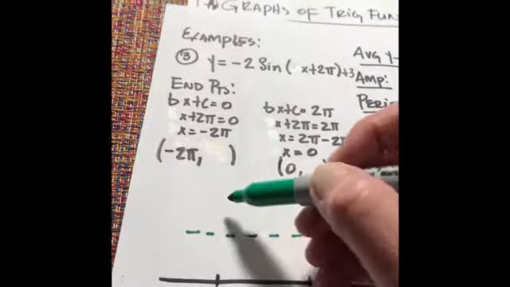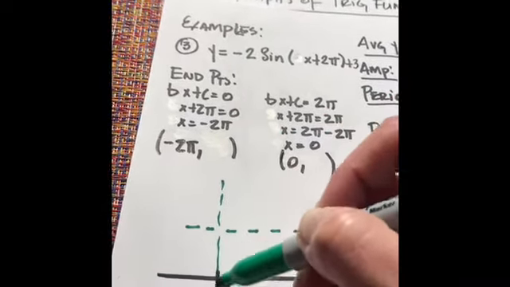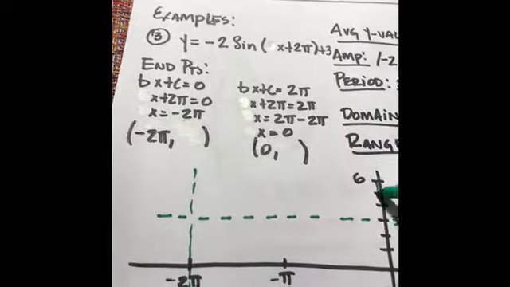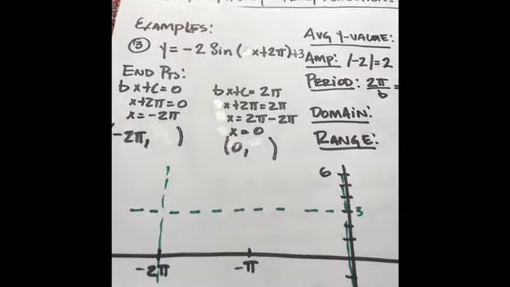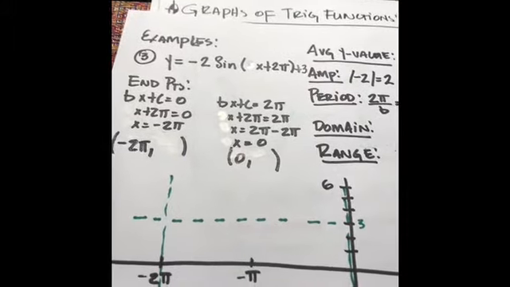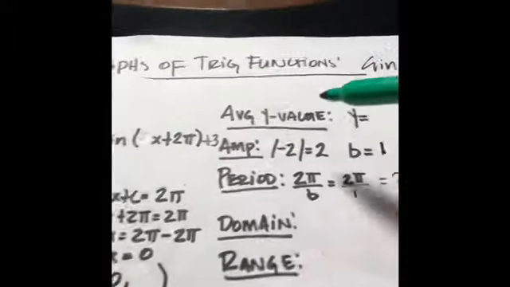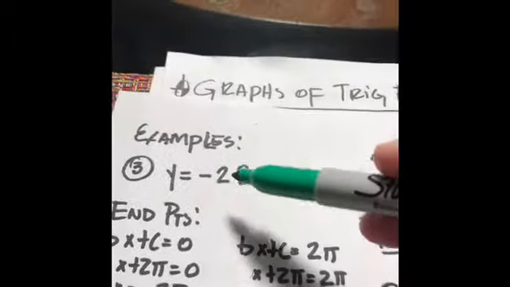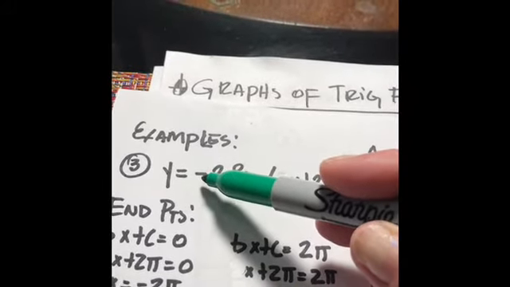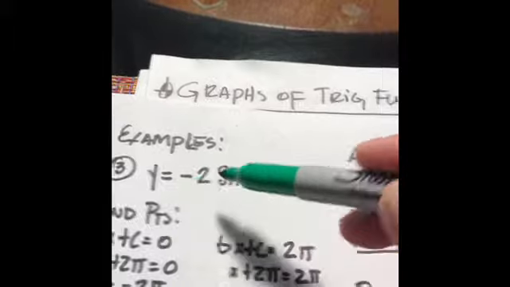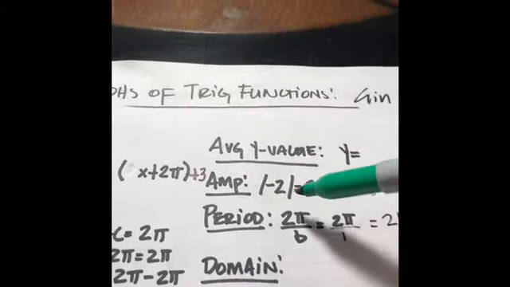My endpoints, remember that I'm making a box, so I will enclose that box where the endpoints are. In this case, the y-axis is one of the edges of the box. And from there, my amplitude, which we stated was 2, remember that even if this number is negative, this negative sign is only telling me that the graph is reflected over the x-axis. The amplitude continues to be positive 2 because I consider it as an absolute value.